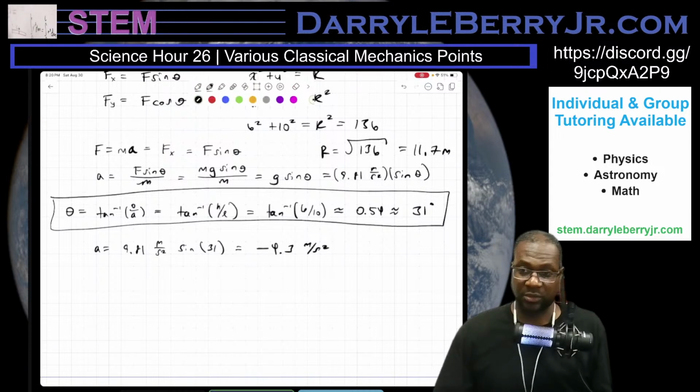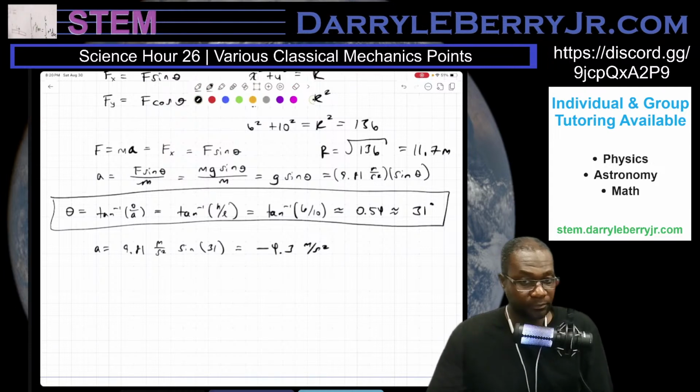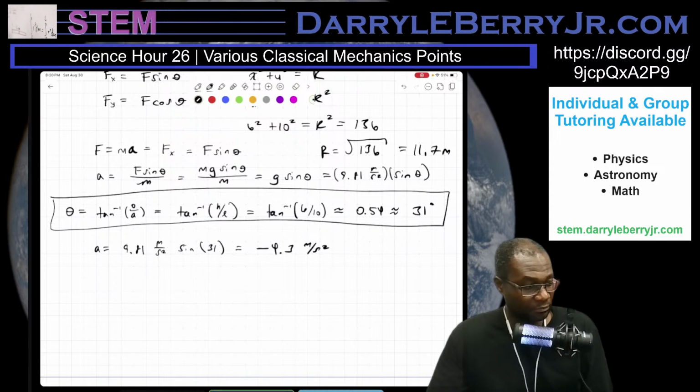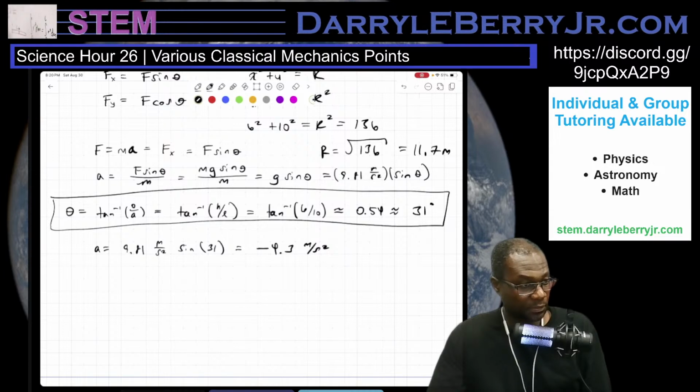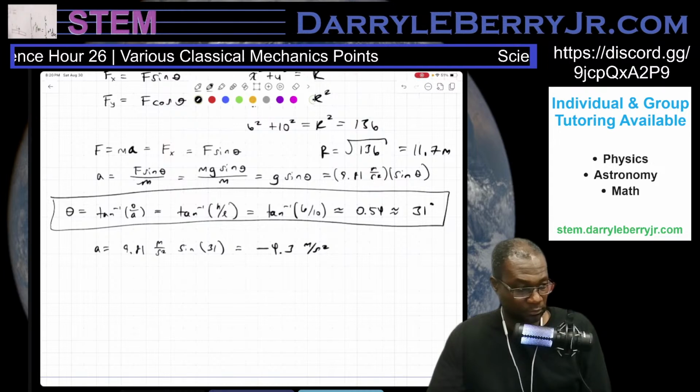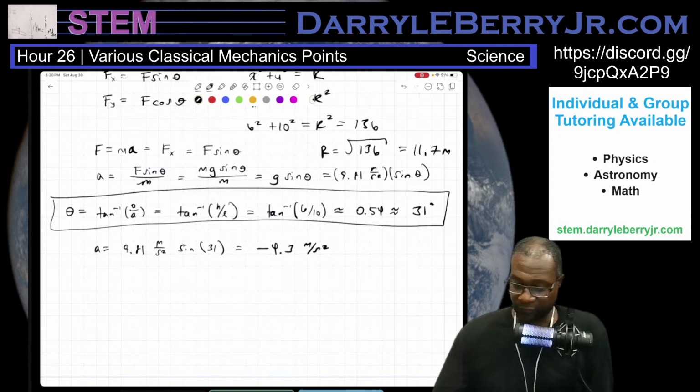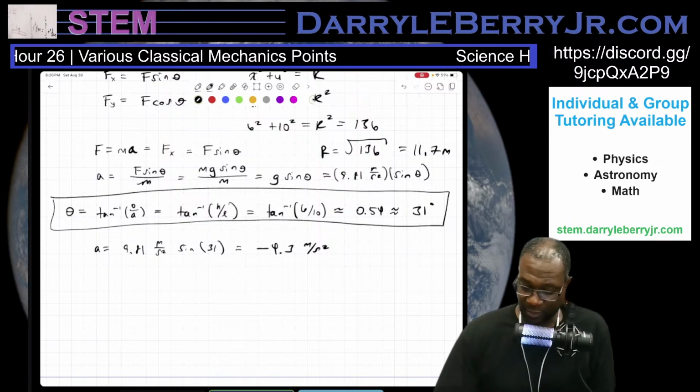Now I'll put the negative there to denote that it's going down. Right, so we have that. And looking at my notes, yeah, a little bit the first time, but yeah, about that amount. Looks pretty okay.